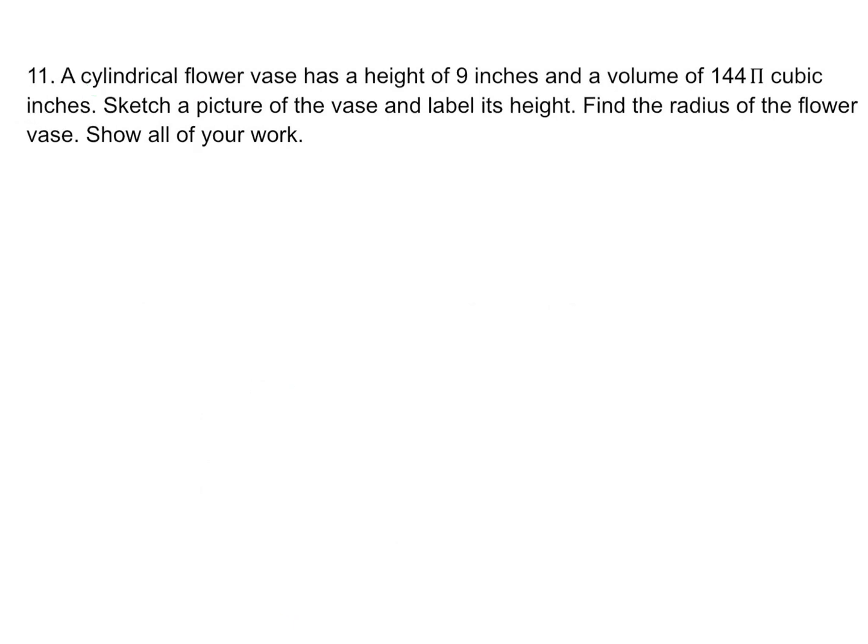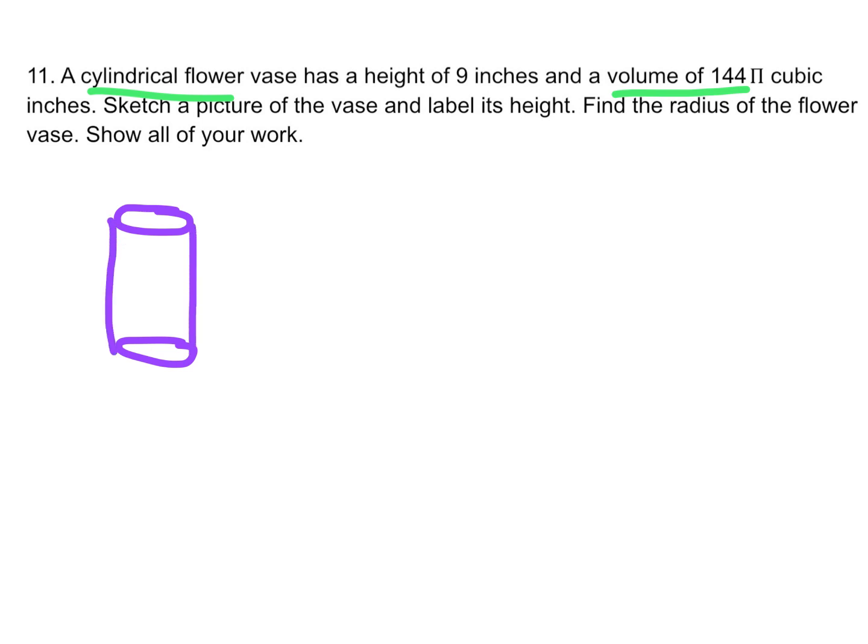Okay, for this one we have a cylinder-shaped flower vase that has a height of 9, and we already know what the volume is. So we're going to work backwards on this one and find the radius. It does say to sketch a picture of the vase and label it with the height. Remember, when we've drawn our vases before, or cylinders before, we do 2 little ovals and connect them.